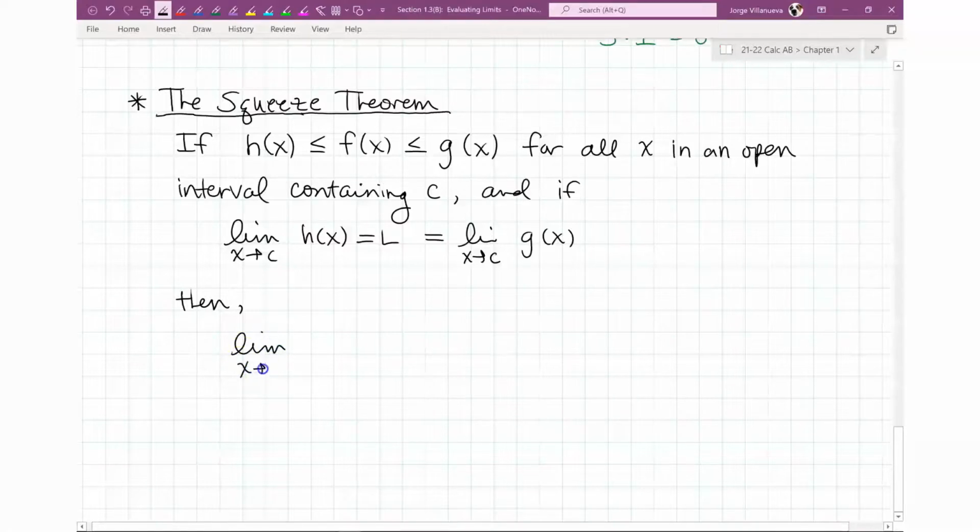Then the limit as x approaches c of f of x must also equal L. So go ahead and write that down.